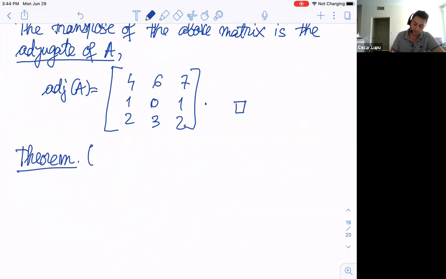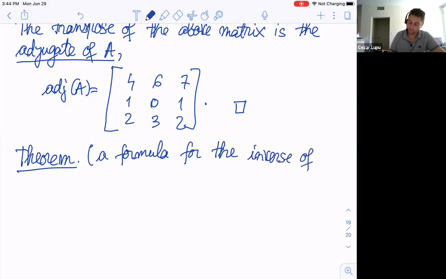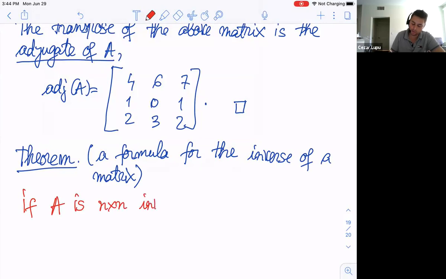So basically, the formula says the following: if A is an n by n invertible matrix, then we have the following formula.